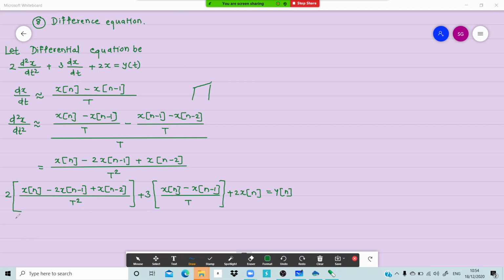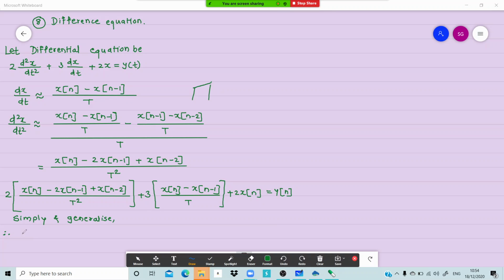Now if you try to simplify and want to generalize this, because our interest is to generalize this thing, then you will find that xn will have some coefficient, your xn minus 1 will have some coefficient, your xn minus 2 will have some coefficient, right? So how I can write that then?